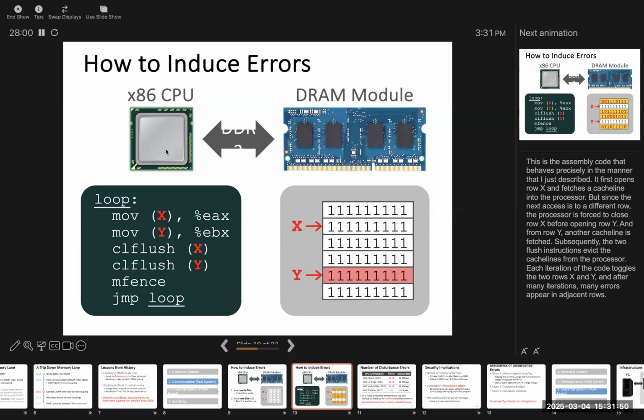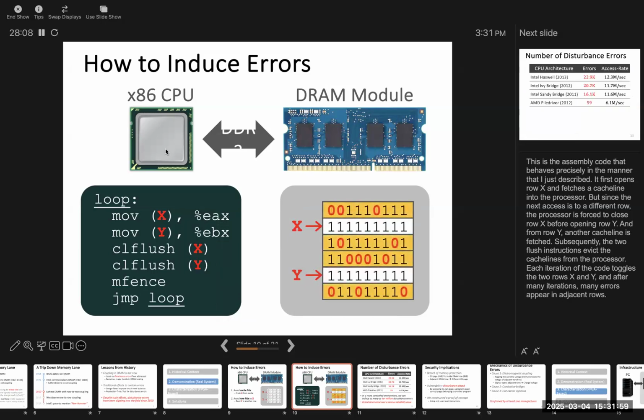Then you flush both of them from the cache hierarchy and from the fill buffer, and keep doing the same thing again and again. As a result, in the victim rows, you see that some of the bits are flipped. So these red bits were actually 1 and are now flipped to 0. So data is corrupted.